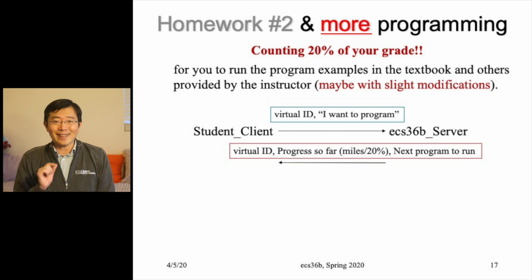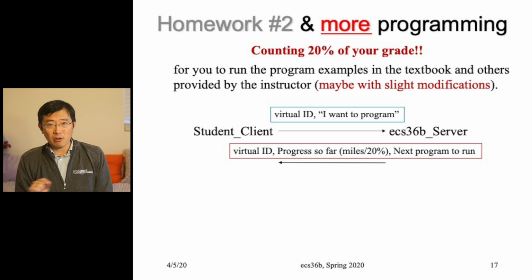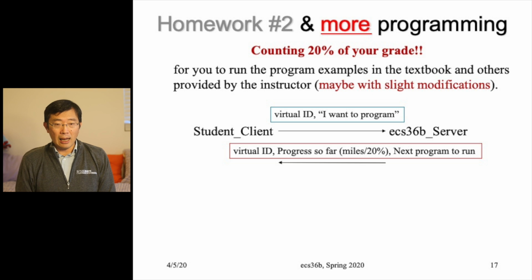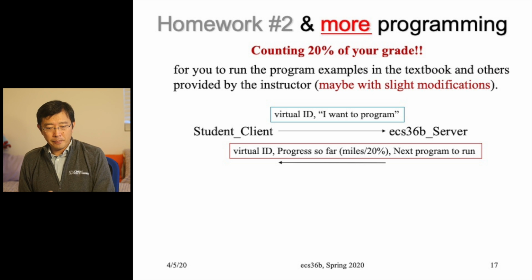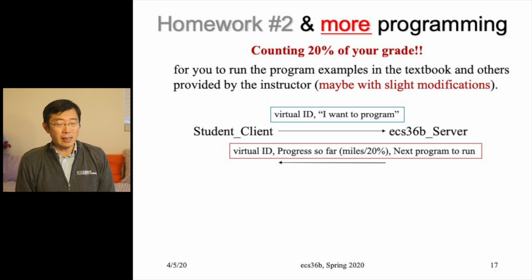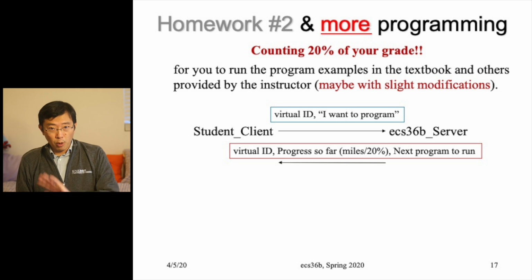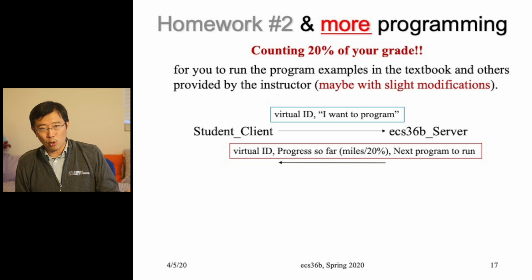We're going to use exactly the same style of interaction as your homework assignment number 2. So basically, you're going to use a client program. By the way, you don't need to worry about writing this client program, but you can imagine this student client program is very similar to your homework assignments number 1 and 2.